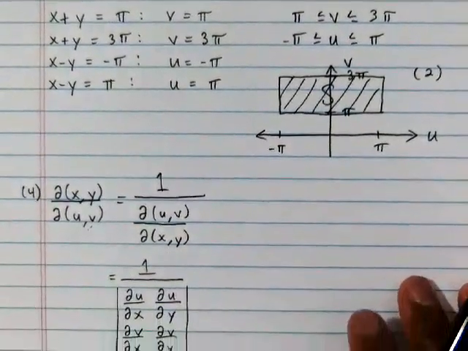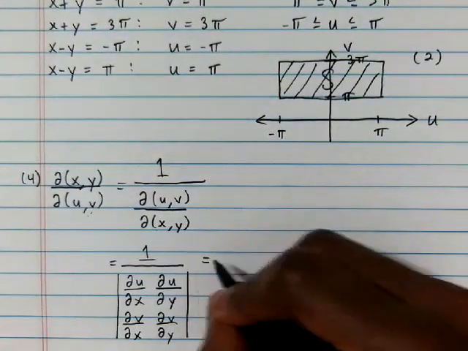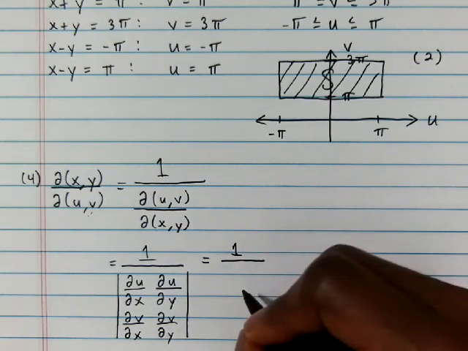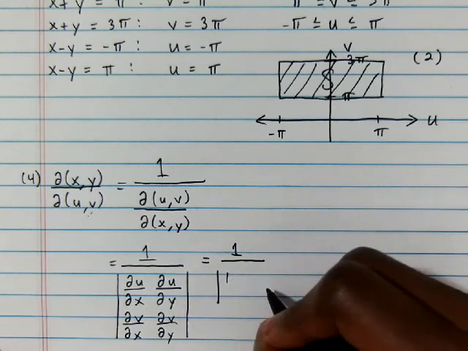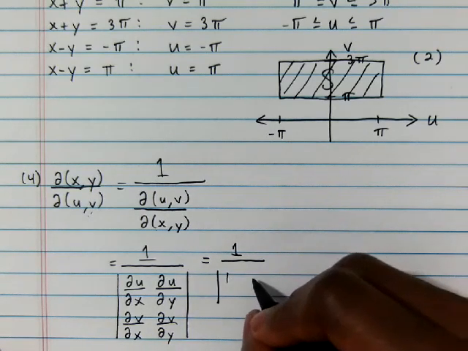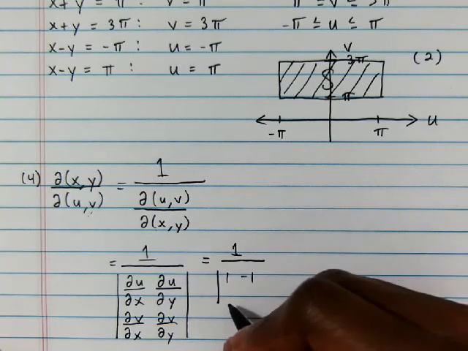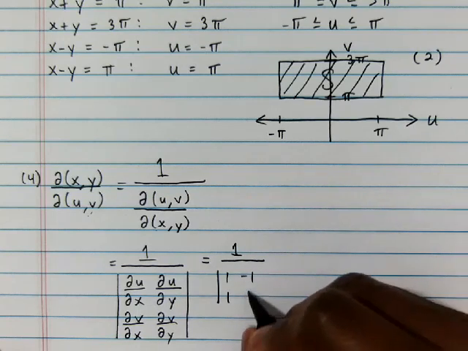So we end up with 1 over the partial of u with respect to x, which is 1. The partial of u with respect to y is negative 1. The partial of v with respect to x is 1, and the partial of v with respect to y is 1.